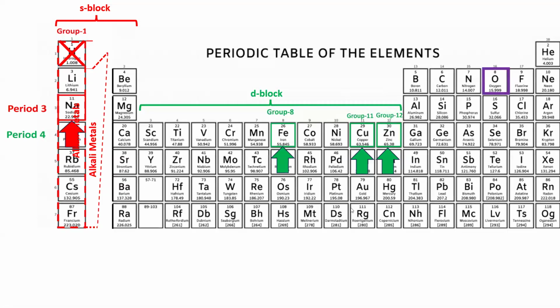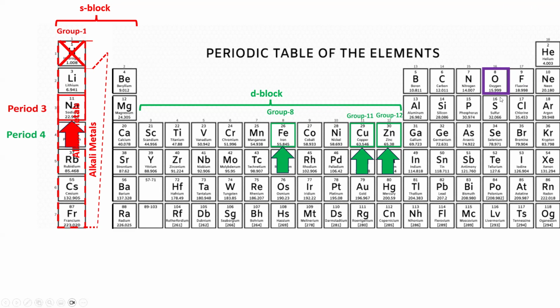Now we are trying to sort out some more properties. We got it that these are metals, but one thing is that sodium is a particular sort of metal called an alkali metal, because when these metals are dissolved in water they form strong alkalis. Sodium, when dissolved in water, forms sodium hydroxide, which is a strong alkali that can neutralize acid.